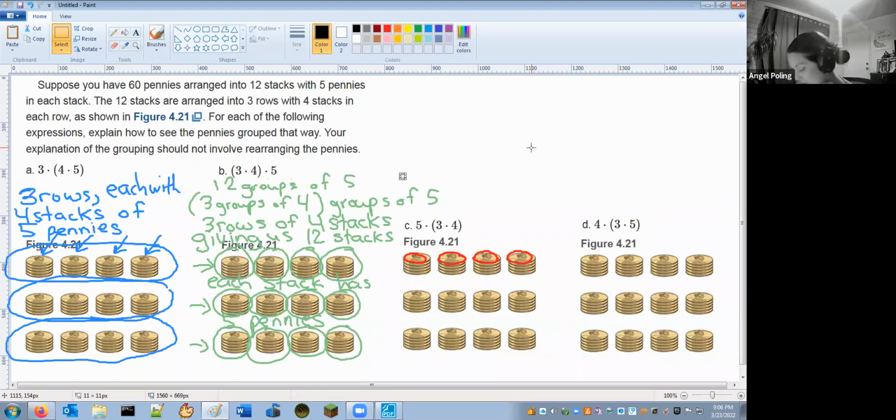So there's a layer, and then because there's 5 pennies, oh, I need space. That's part of my problem. All right, I'm going to move it up a little.